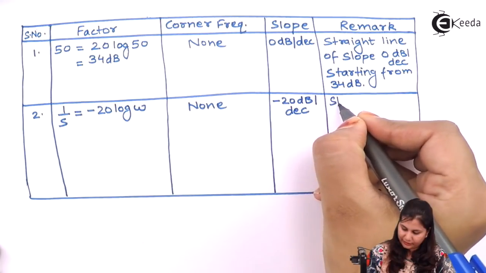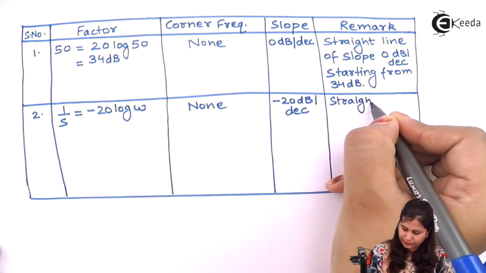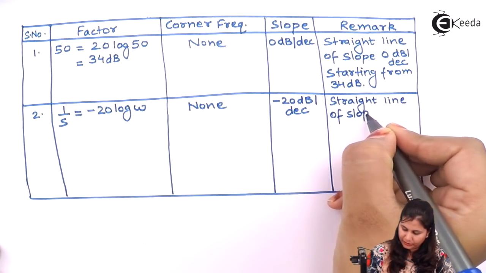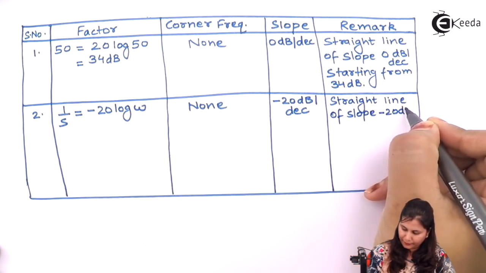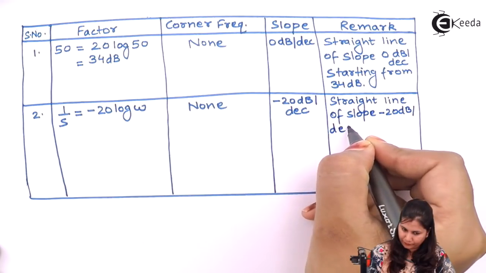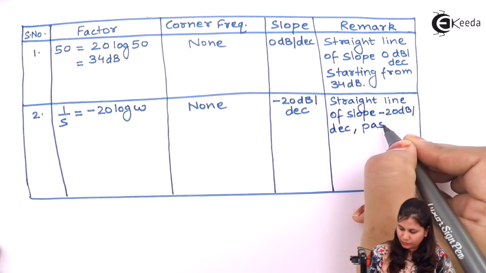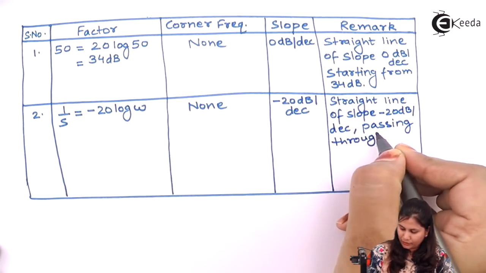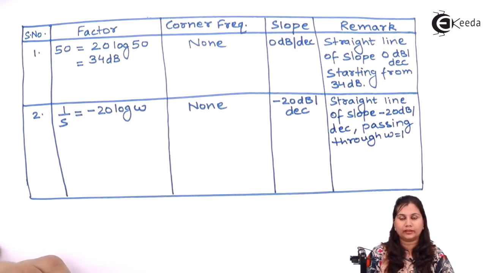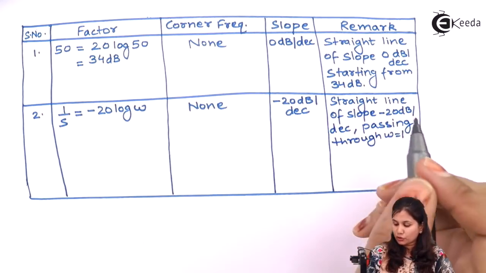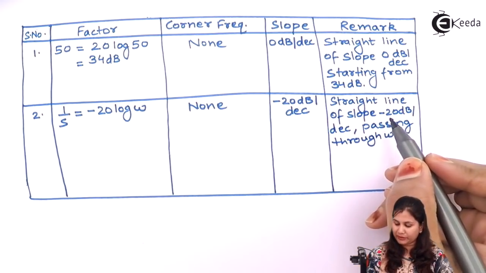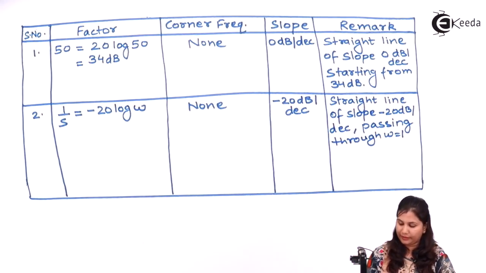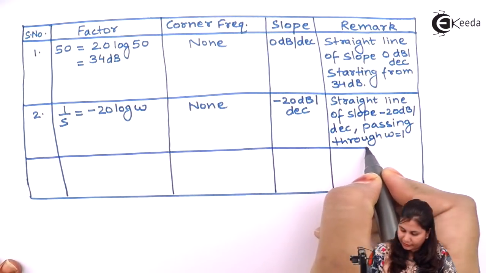It will be a straight line of slope minus 20 dB per decade, passing through omega equals to 1. The slope of the straight line will be minus 20 dBs per decade, and this straight line will pass through the point omega equals to 1. So this was the second factor.